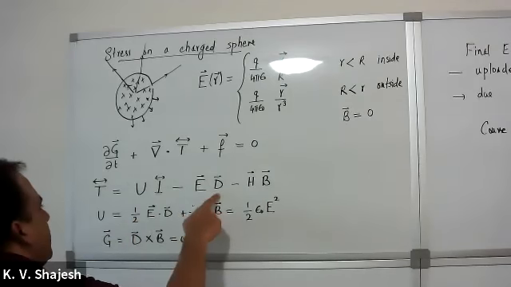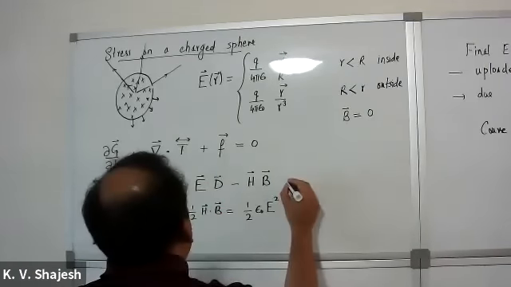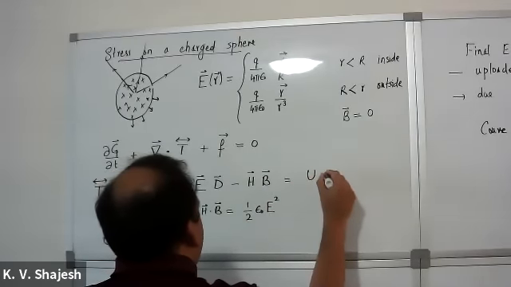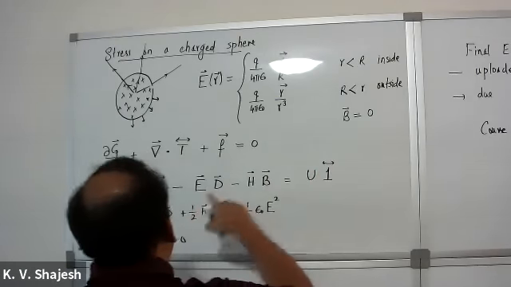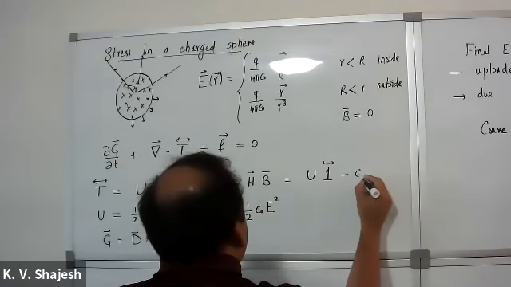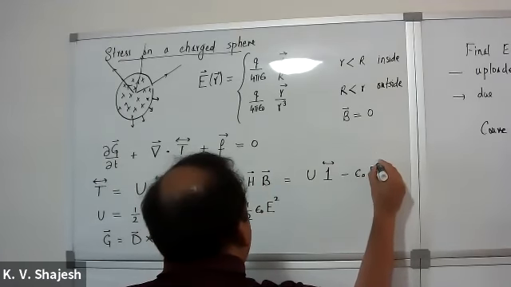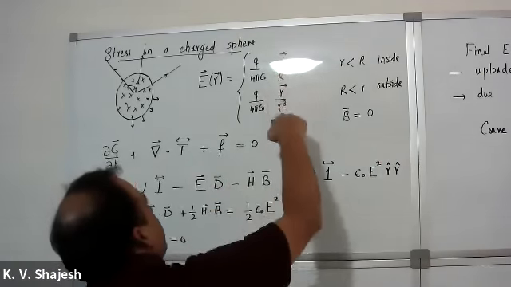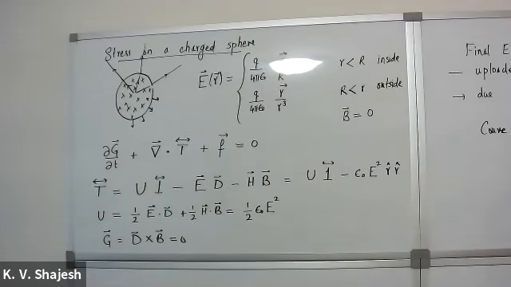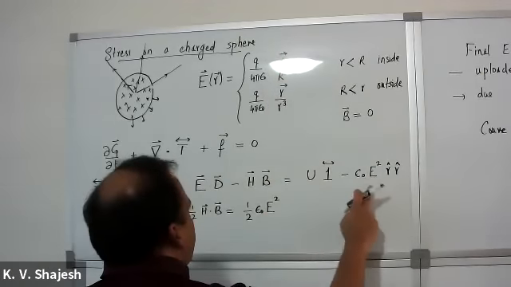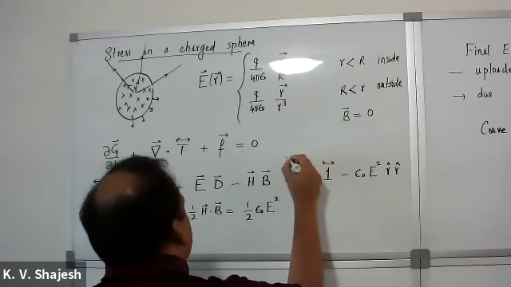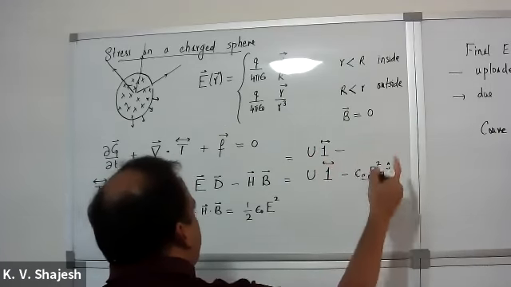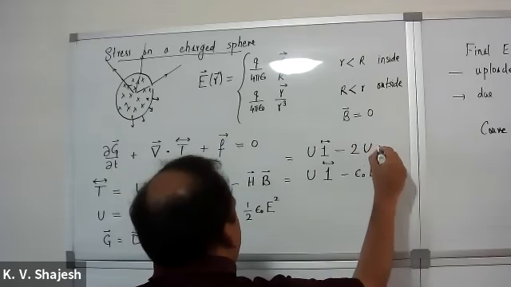Since here it is in the radial direction, this will be equal to U itself, that is 1, and this is minus epsilon naught E squared, R hat times R hat, because the electric field is always in the R hat direction. So that's 2 times U here. So this is also equal to U times 1 minus 2 times U, the R hat.